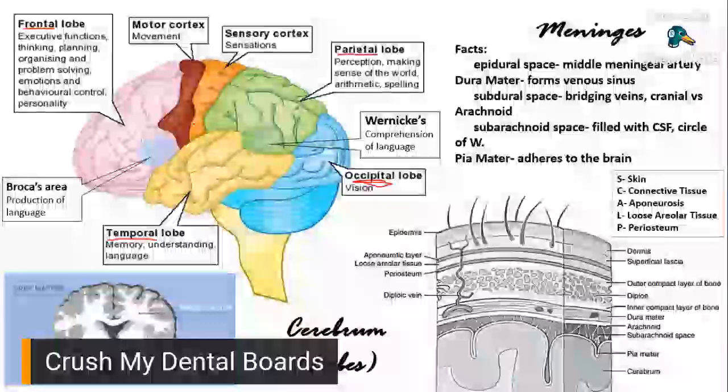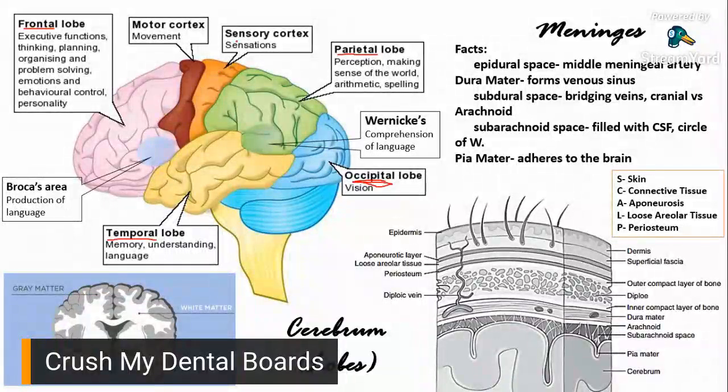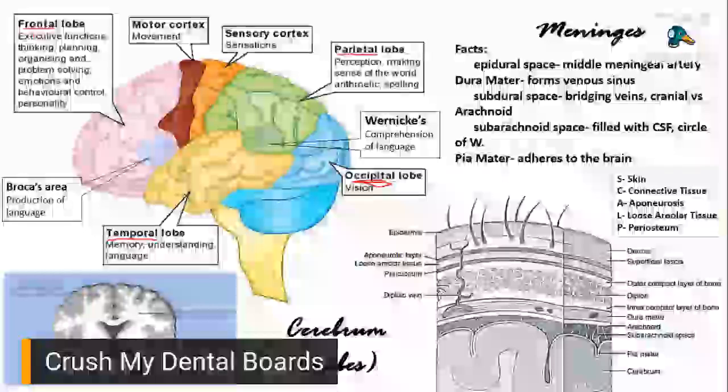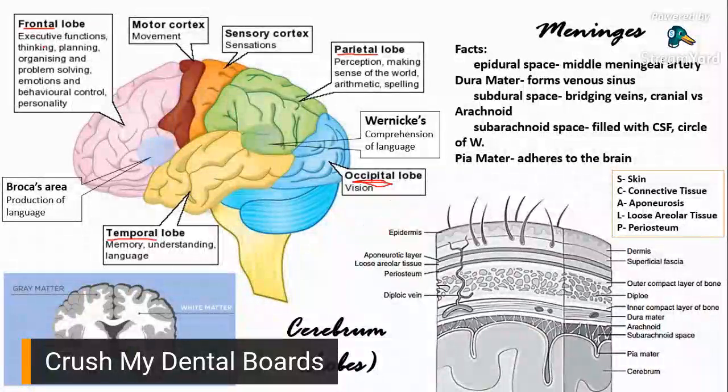Now, I found this one, and I think it's pretty easy to understand. So frontal lobe, it's the one responsible for executive functions, higher thinking. Okay, so planning, organizing, problem solving, anything that involves a lot of thinking, that's your frontal lobe. Your temporal lobe is basically the one responsible for memory, for understanding, for language.